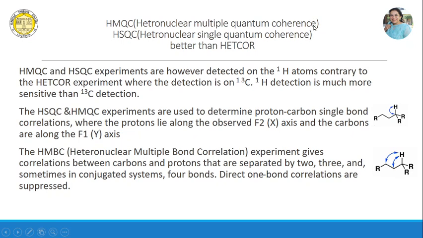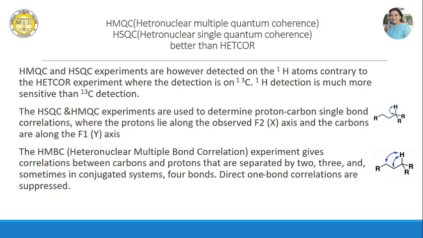That means both of them are giving us the carbon to hydrogen 1J coupling information. All the carbons which are directly attached to hydrogen by a 1J coupling, that is what we get in Hetcor, and the same information we are getting from HMQC and HSQC.